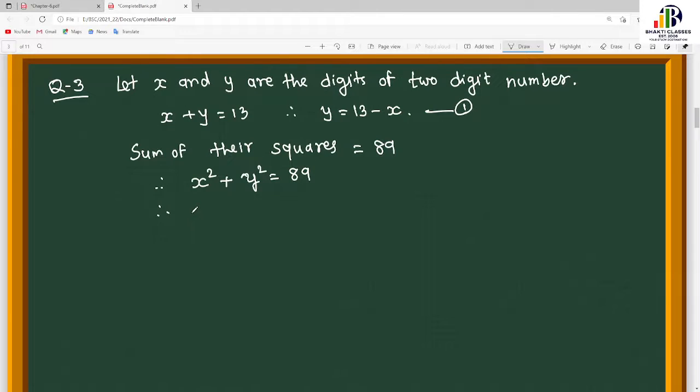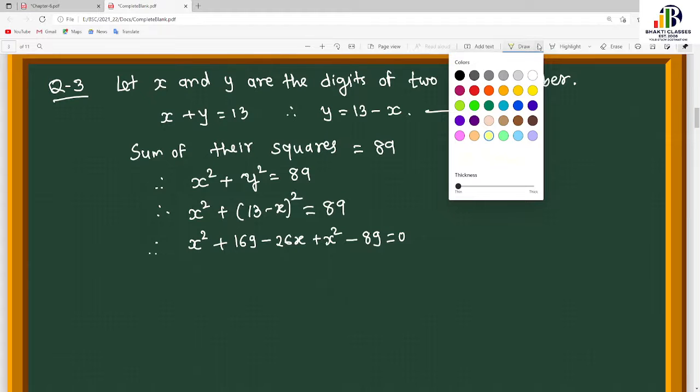Putting the value of y, we will have x square plus the whole square of 13 minus x is equal to 89. Therefore, x square plus 169 minus 26x plus x square minus 89 is equal to 0.